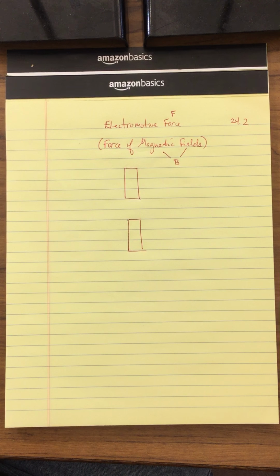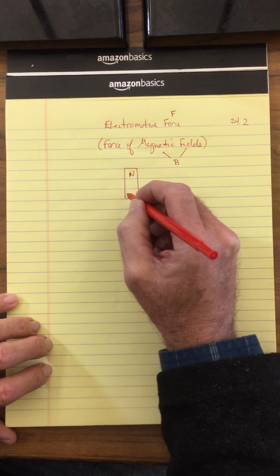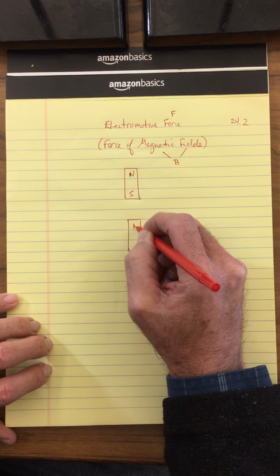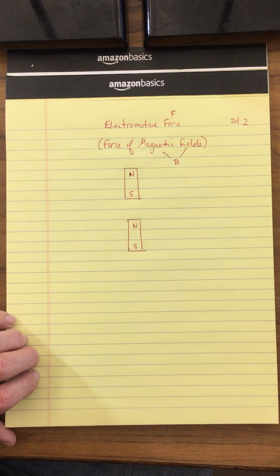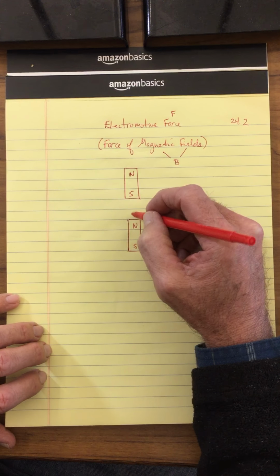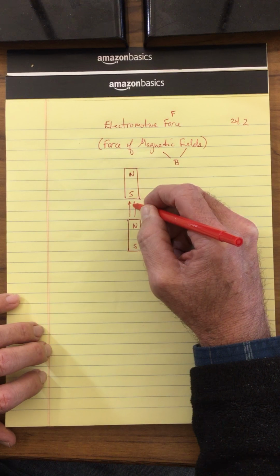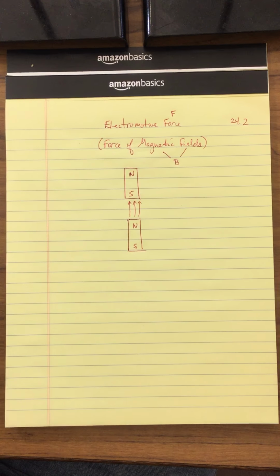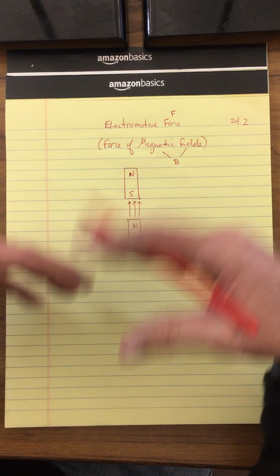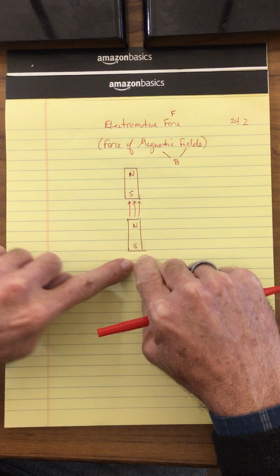Okay, let's go ahead and identify the north and the south. So this is going to be a north here and a south, and a north here and a south. What we have is the direction of the magnetic field going from the north to the south. If you remember, we've drawn this before with the magnetic field lines coming out of the north, and then those go everywhere like this.